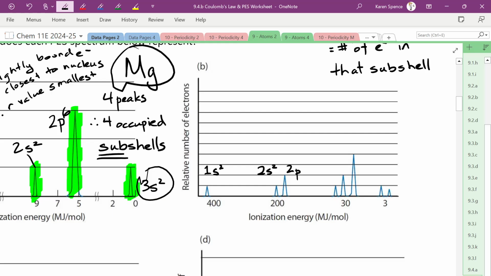I feel like there's something wrong with this one. This feels like an excited state to me. Okay, well, let's find out. Oh, what does the answer key say for this one? This one's making my head hurt. Goodness, what is happening here?